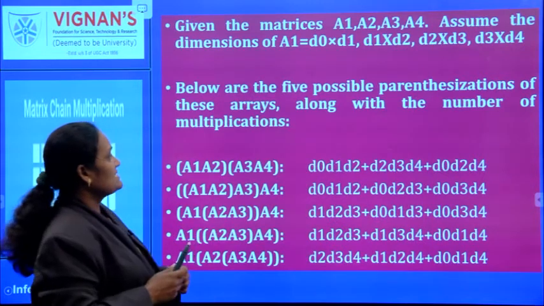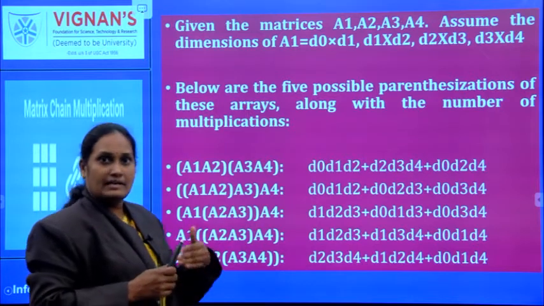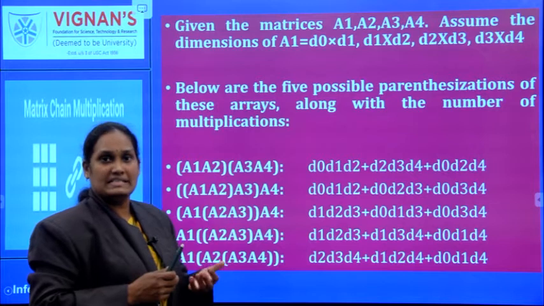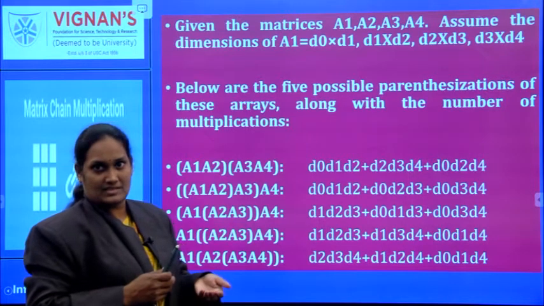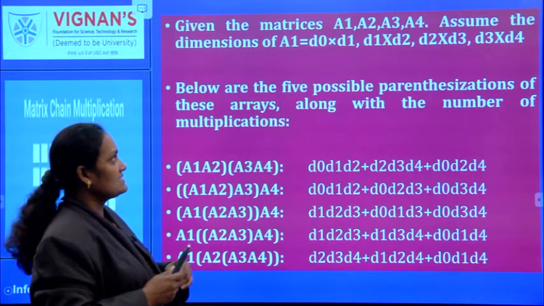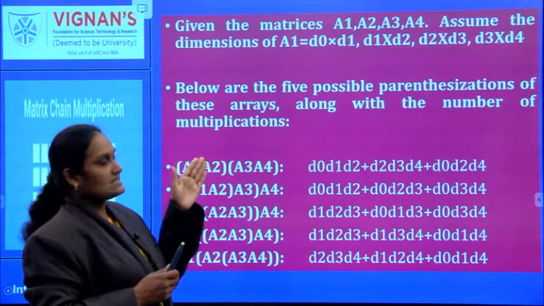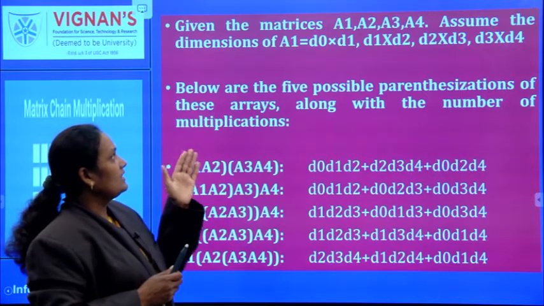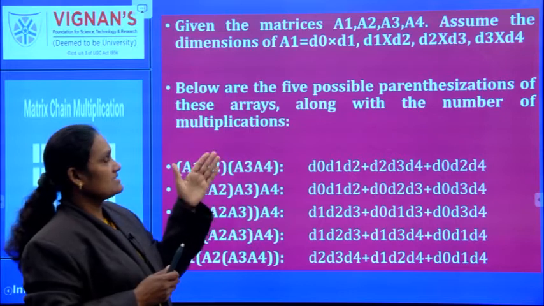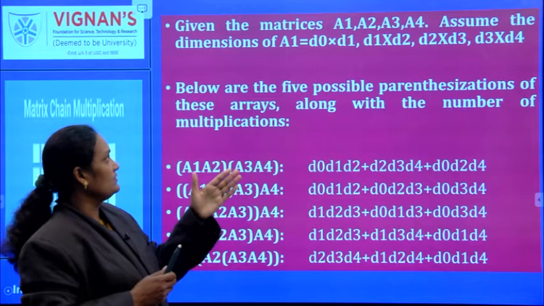Let us see, for example, how to find, in a manual way, the number of multiplications involved in any parenthesization. For explaining that, I have taken 4 matrices and also their dimensions: A1 of dimensions D0 into D1, A2 of dimensions D1 into D2, A3 of dimensions D2 into D3, A4 of dimensions D3 into D4.